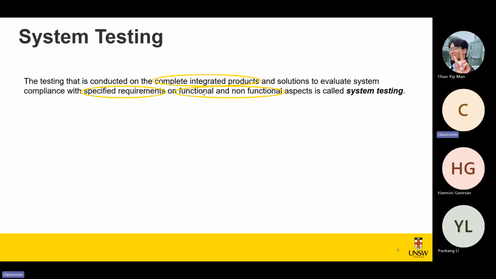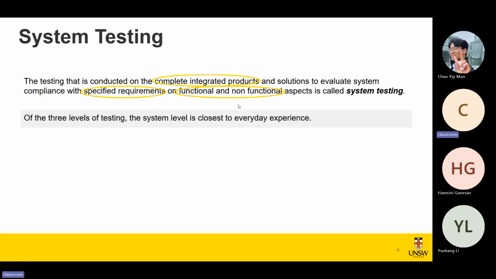So system testing could be both functional or non-functional. Here, functional and non-functional is a little bit different from the definition of functional versus structural. Non-functional doesn't mean structural, and we will learn some non-functional properties of programs today.